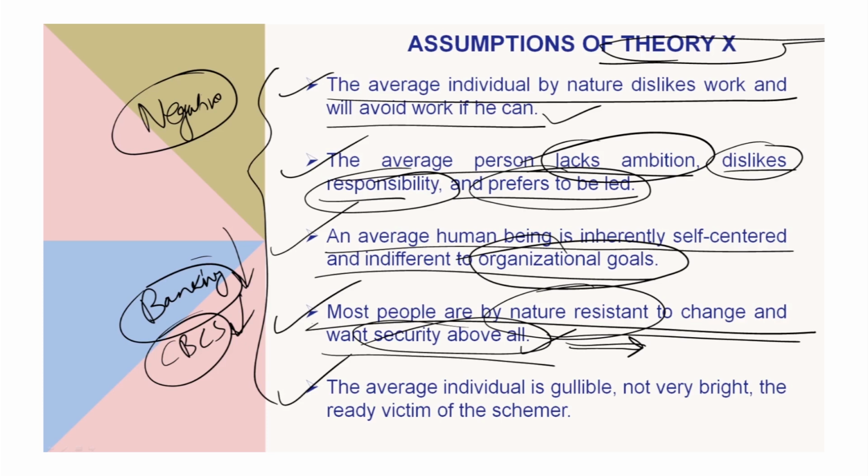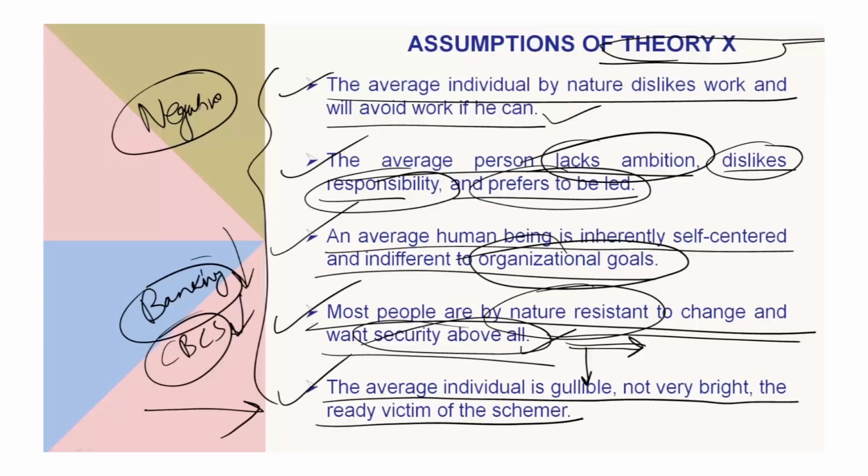The fifth assumption talks about the average individual being gullible, not very bright, the ready victim of schemers. It directly talks about the knowledge or efficiency of the employee. Management thinks that the employees within the organization are not so intellectual and can be diverted by rumors or any kind of talk within the organization.